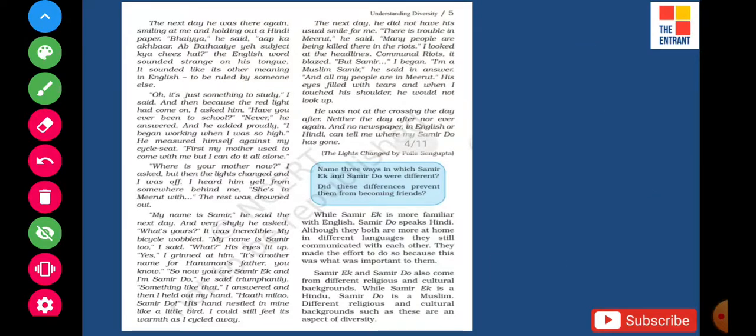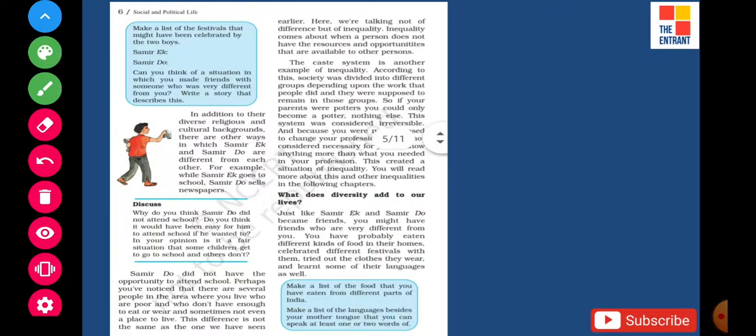So, the inequality we are talking about is that, being of the same age, Samir 1 goes to school, whereas the boy who sells the newspaper has to work to earn for his family. These are the inequalities which prevail in our society and in our country.